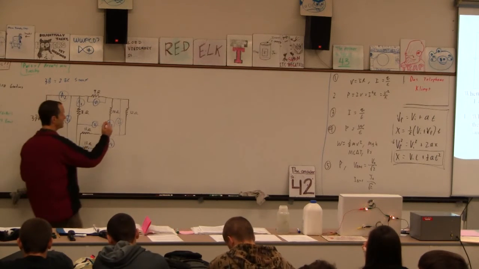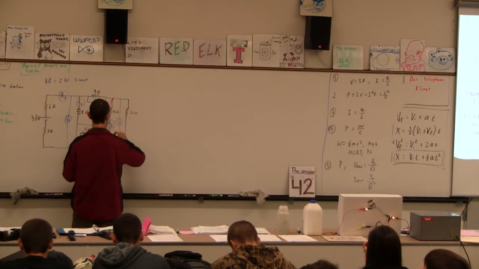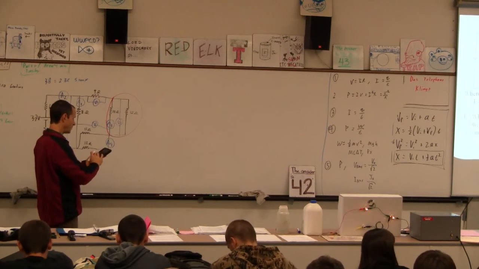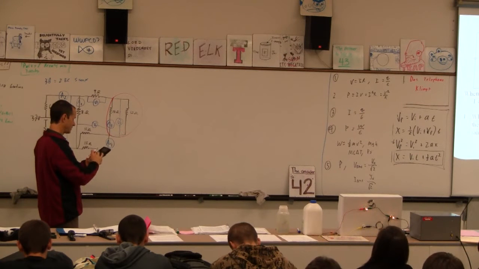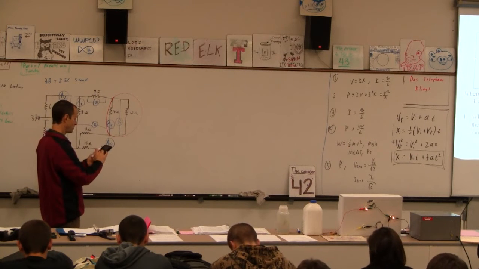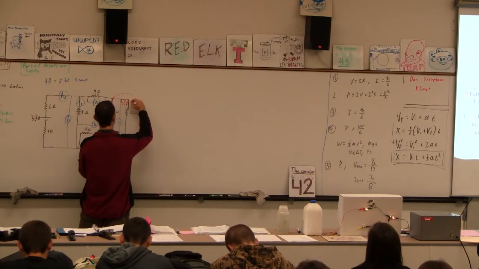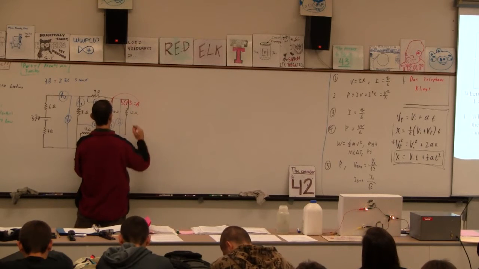So I'm going to start with a 10 and a 12. 1 divided by 1 divided by 10 plus 1 divided by 12. I'm going to store that in A. That's 5.45 repeating. All right.